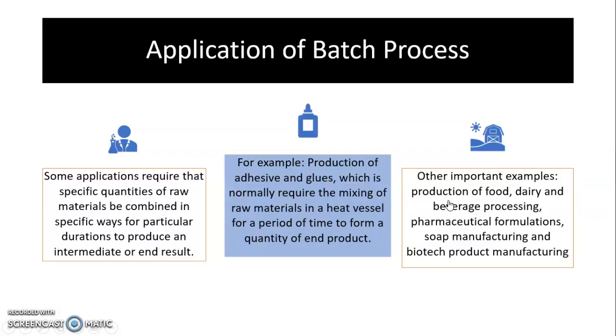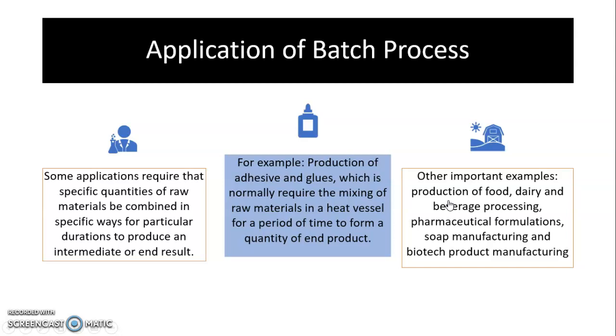Some applications require that specific quantities of raw material be combined in a specific way for a particular duration to produce an intermediate or end result. Batch process can be found in the production of adhesive and glue, which normally requires the mixing of raw material in a heated vessel for a period of time to form a quantity of product.